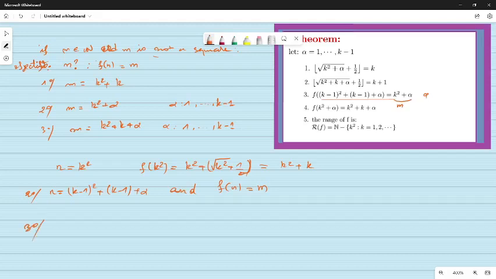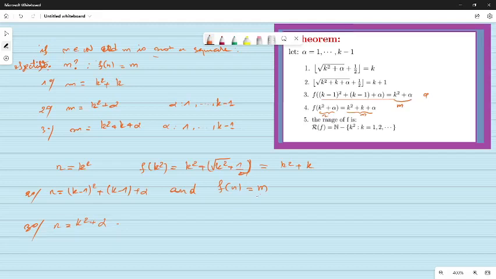In the third and last case, I have m has this form, and I take n as then n equals k square plus alpha.